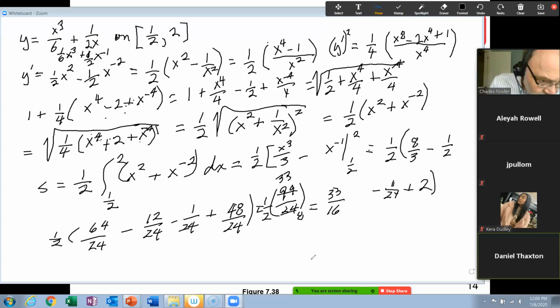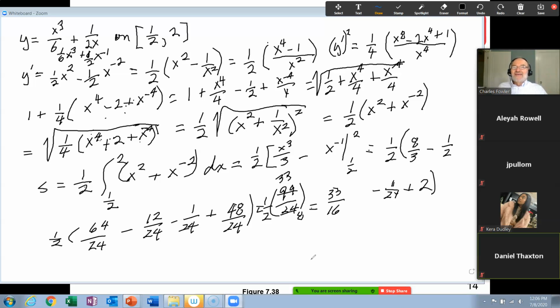We just finished example 2 on page 476 in chapter 7, applications of integration, 7.4, arc length and surfaces of revolution. We're just doing arc length. This is our second example of arc length, and it was a doozy because it was a really bizarre function.